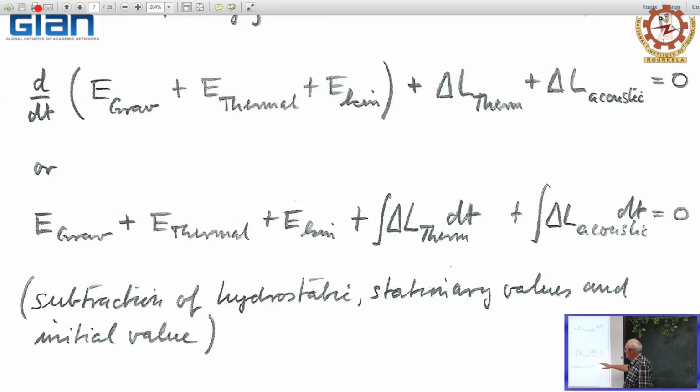So what you have subtracted here are already the stationary or initial values. Now let's consider all these terms separately during the nonlinear evolution of our pulsation. So this is a requirement from the energy balance or the energy conservation law.